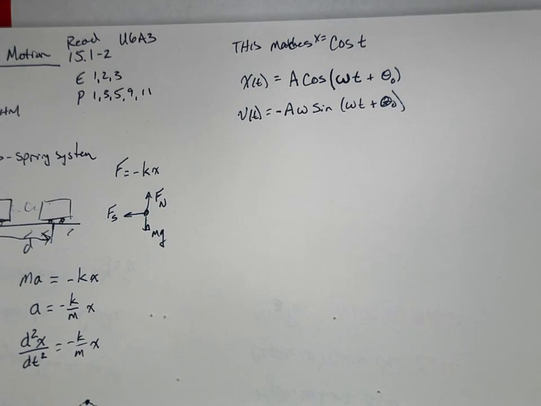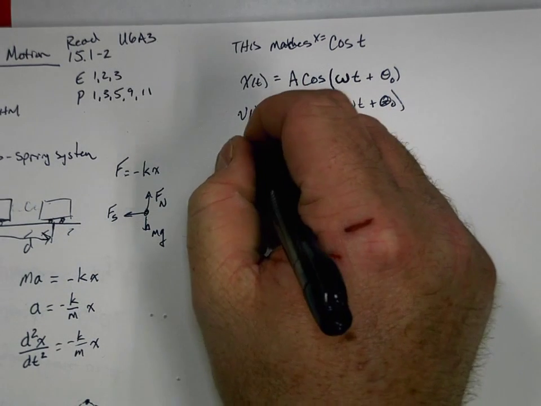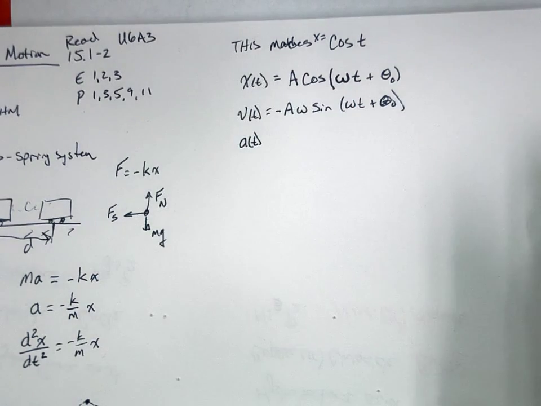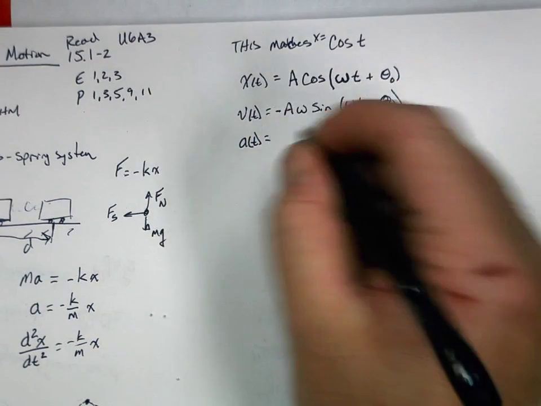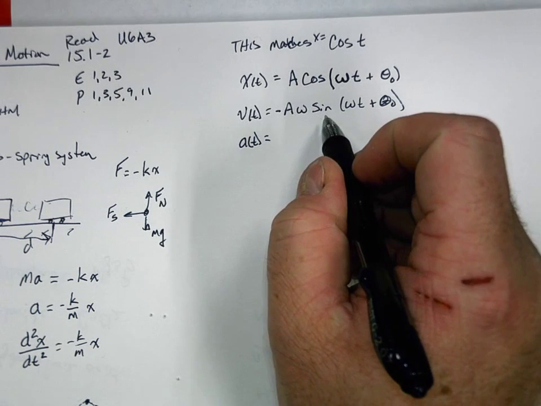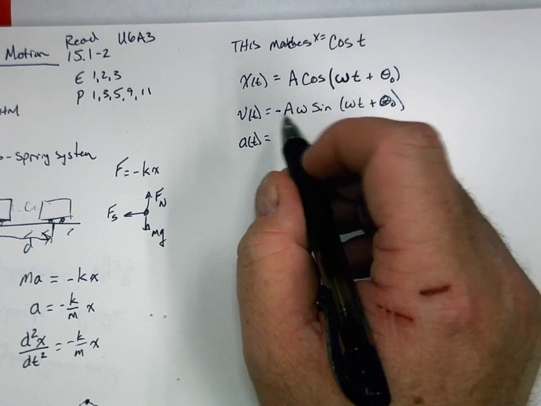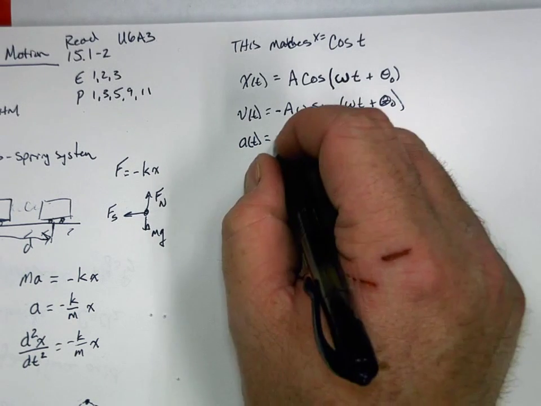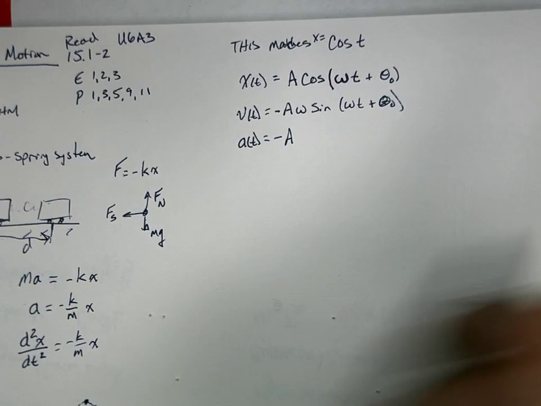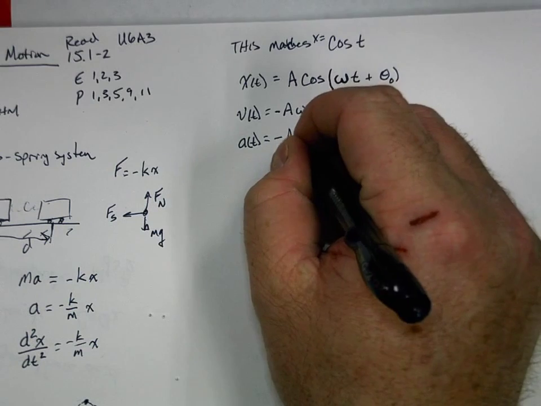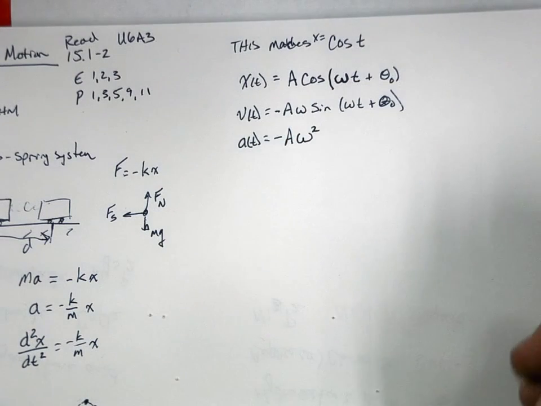To find the acceleration, okay, we do it again. Derivative of sine is going to be cosine, but if we have the negative up front, it doesn't change the sign, so it's still going to be negative. That's still going to be A. That A doesn't change. But now we have an omega squared. Right?